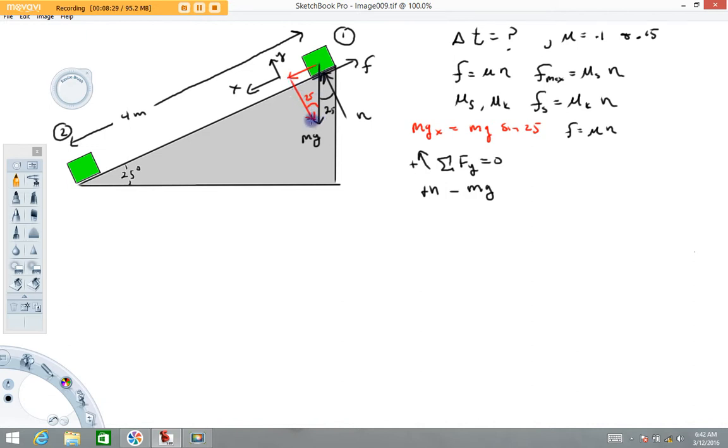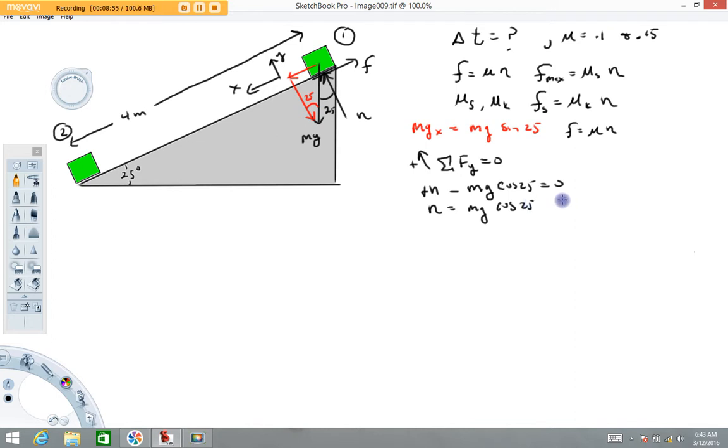This component is going to be mg cosine 25 because it's adjacent to the 25-degree angle. And as I look at this free body, those are the only forces that act along this axis here, the normal and the mg cosine 25. So this sums to 0. So the normal force is equal to mg cosine 25 degrees.